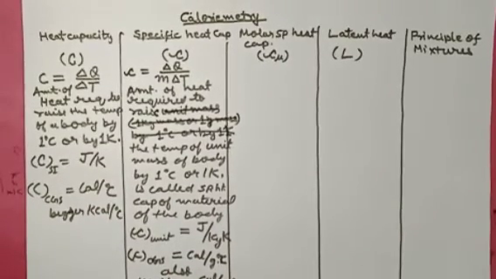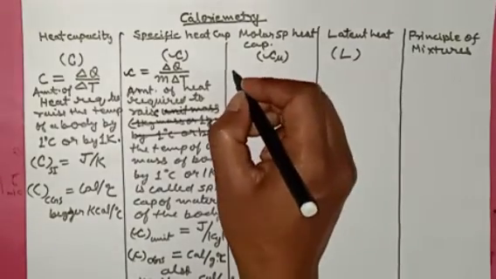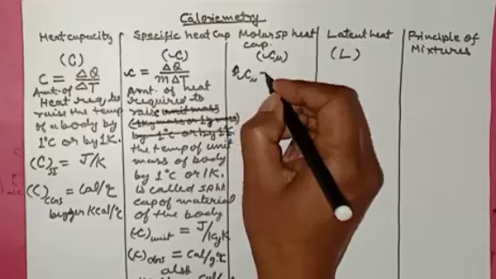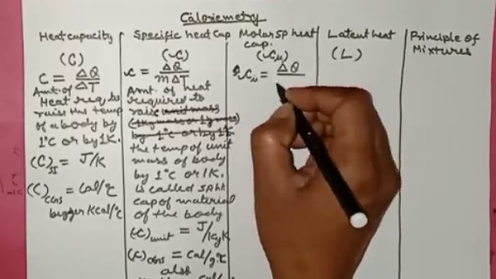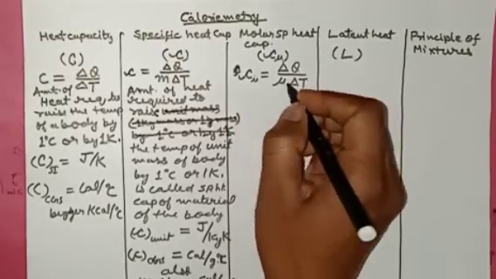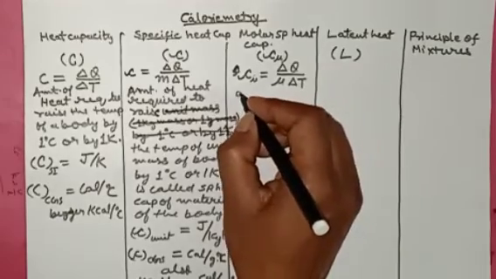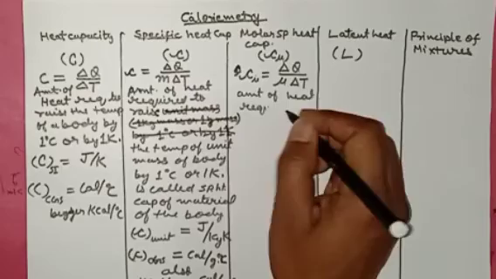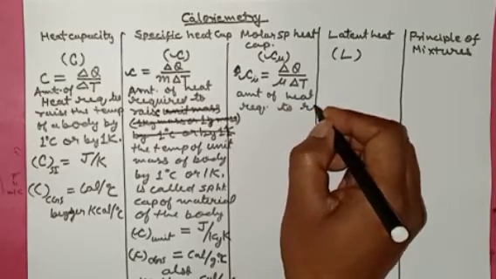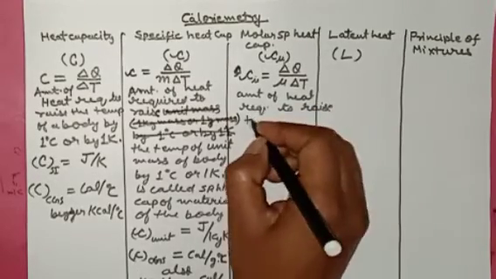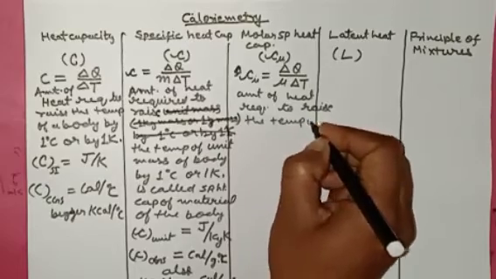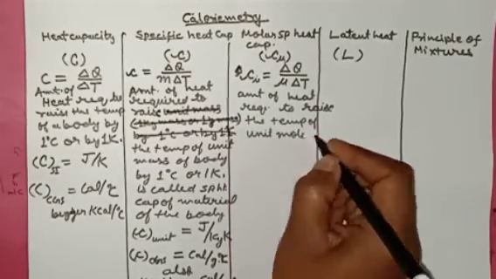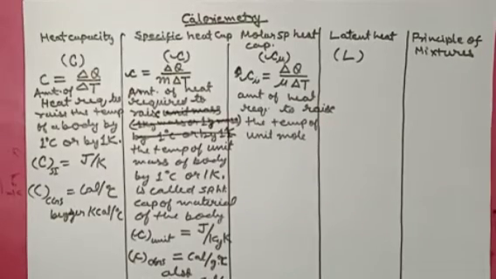Next thing, molar specific heat capacity. So it is related to some mole concept. So C mu is equal to delta Q upon mu delta T. Mu, number of moles. So amount of heat required to raise the temperature of unit mole, so now we have introduced mole concept here.